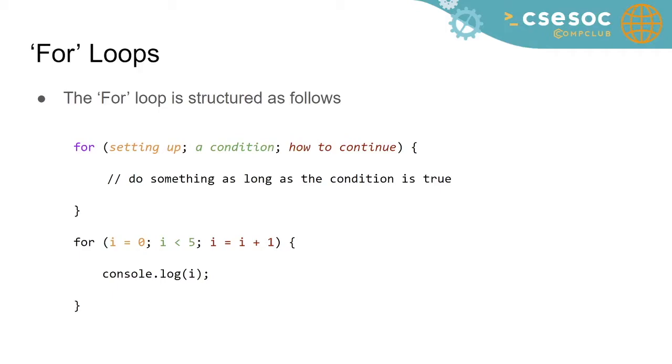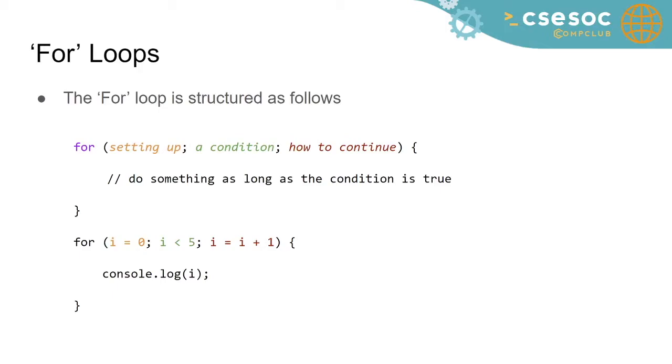And inside the curly brackets of your for loop is the code to be done over and over again. That's where the comment is, do something as long as the condition is true. So for our code down here, for i = 0, it means that we're starting out with i being equal to 0. Our condition is i < 5.